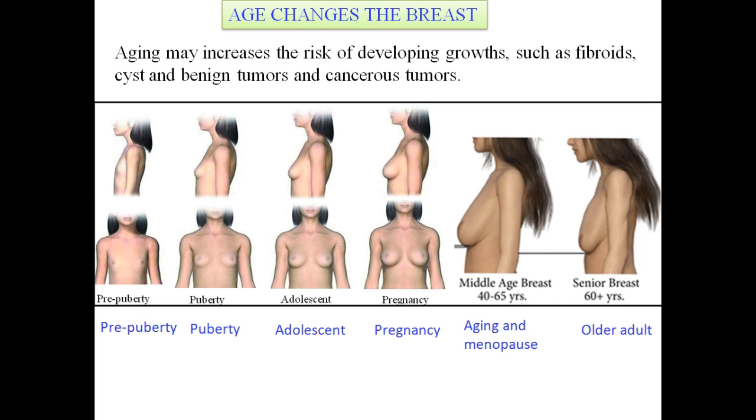The suspensory ligament of Cooper is going to retract.